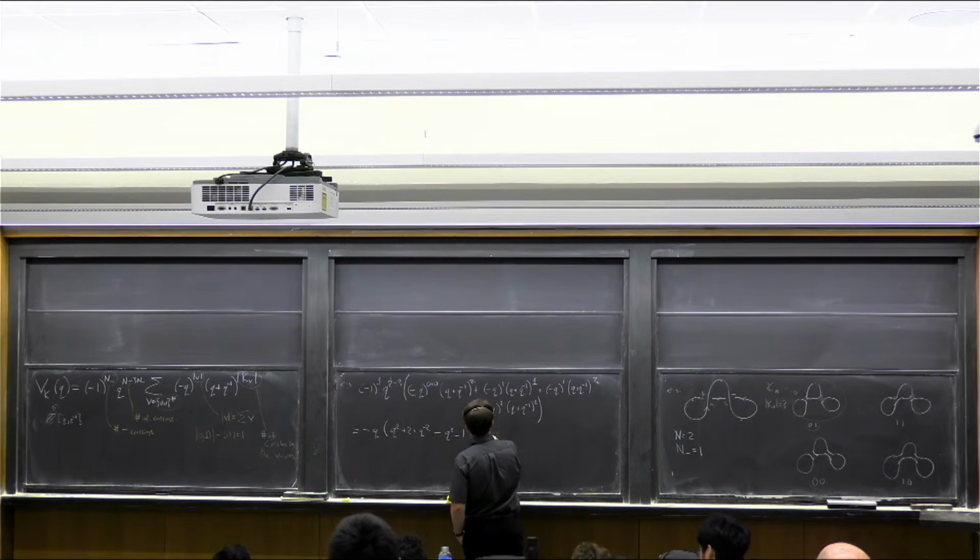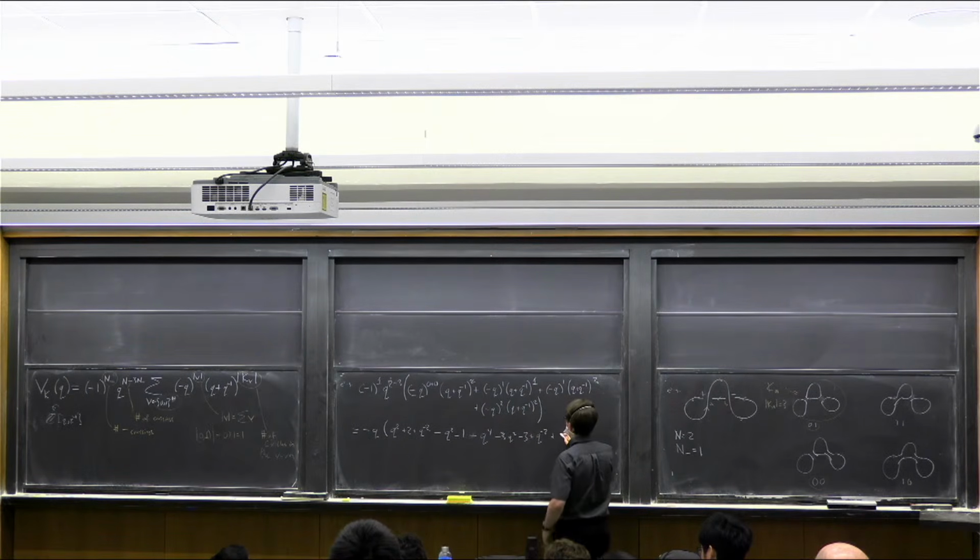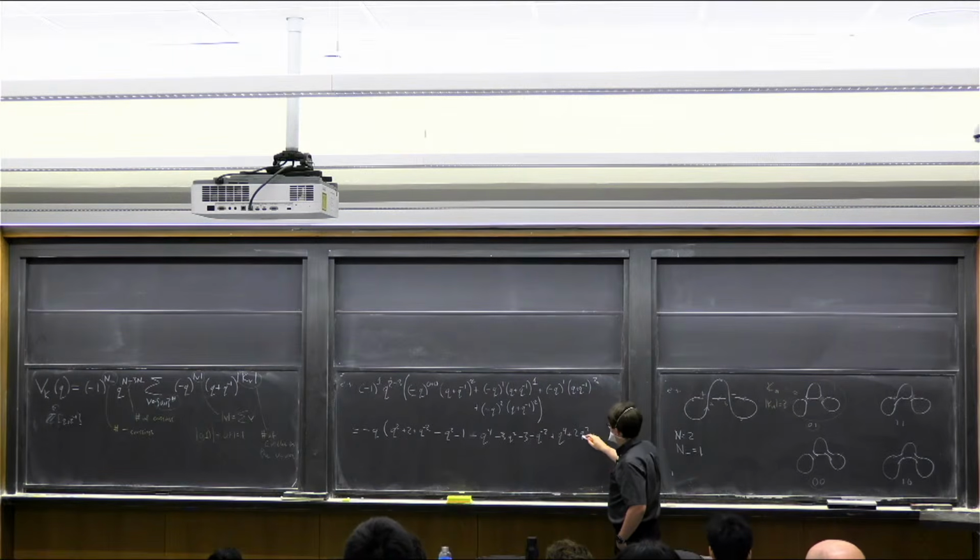So sorry, that's minus q to the 4th minus 3q squared minus 3 plus q to the minus 2 plus q squared times this. So it says q to the 4th plus 2q squared. Yeah, I do. You see? Good catch. Thank you. Plus 1.